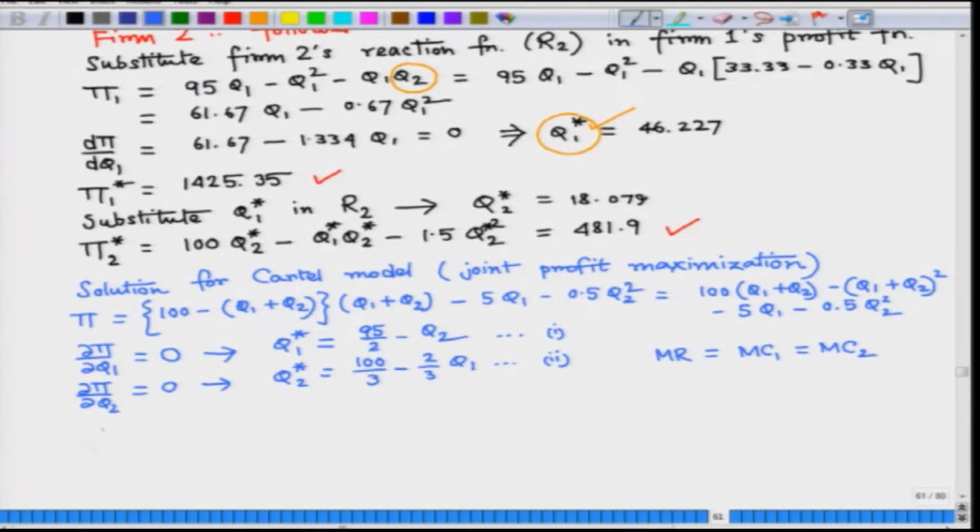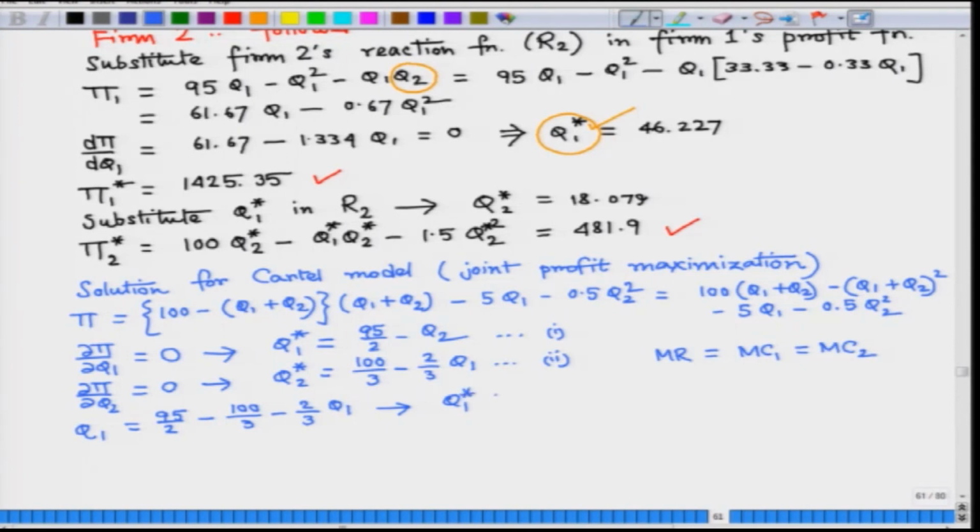So, I can substitute 2 into 1 and I get Q1 is equal to... okay. So, now I get everything in terms of Q1. So, from here I can easily solve for the Q1 value.